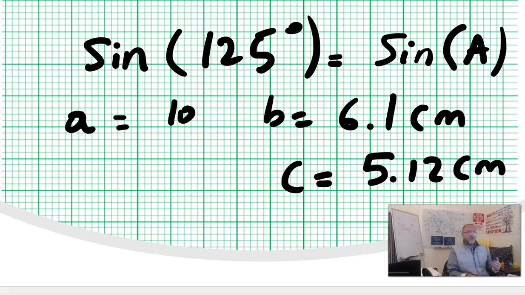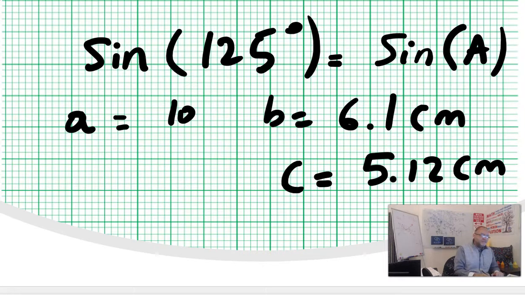You need to start by finding the angle that corresponds to A, okay, which is sine A. You need the sine of the angle that corresponds to the largest side, keep that in mind because we're going to talk about that in a second, the largest side and the largest angle. The largest side here is 10, so the largest angle must be A, okay, 125.